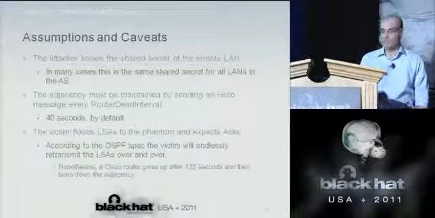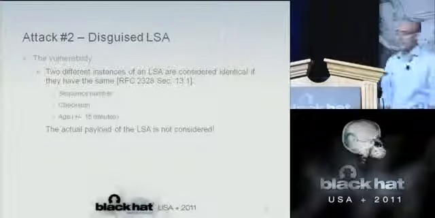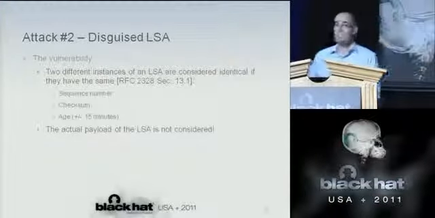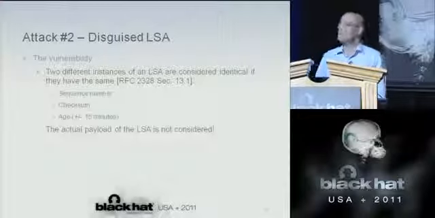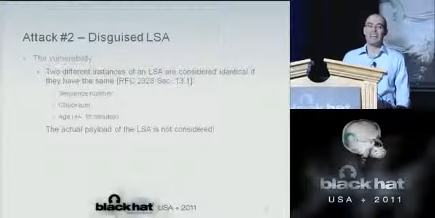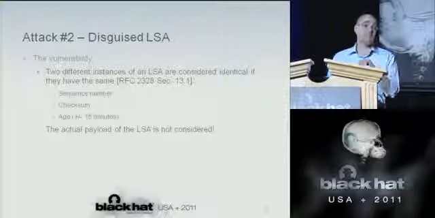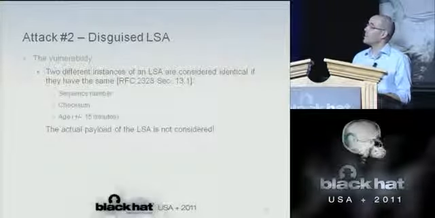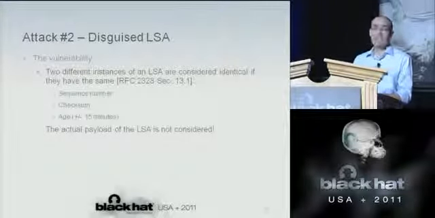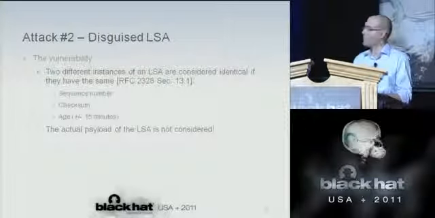Okay. So let's now continue with the much more powerful attack, which is named the disguised LSA. Here, the vulnerability is as follows. Two different instances of an LSA are considered identical by the router if they have the same exact fields: the sequence number, checksum, and age, where the age has a plus or minus 15 minutes range.